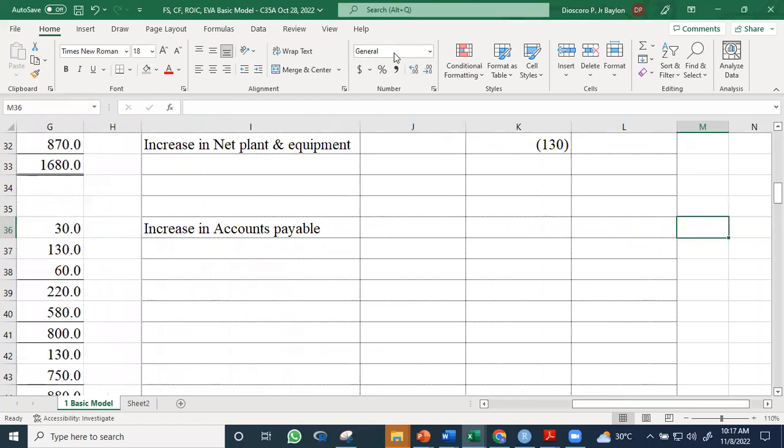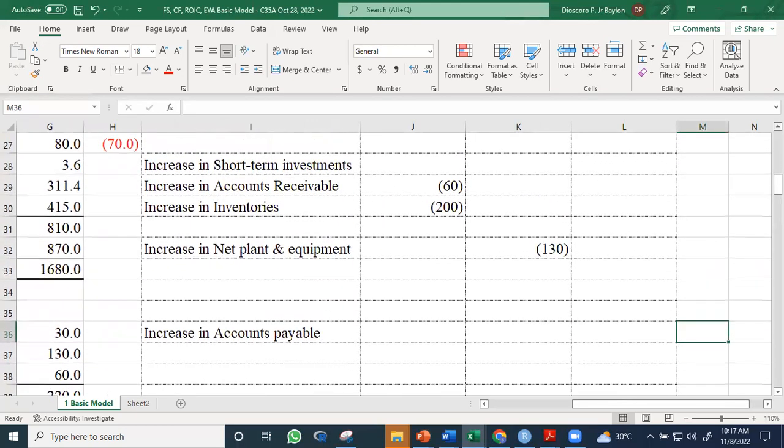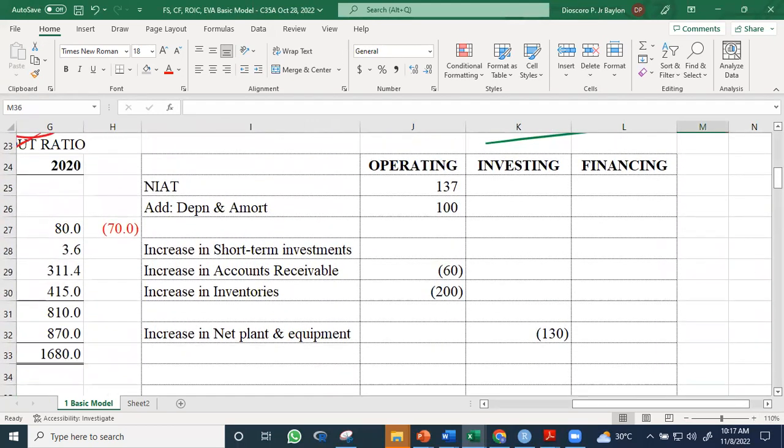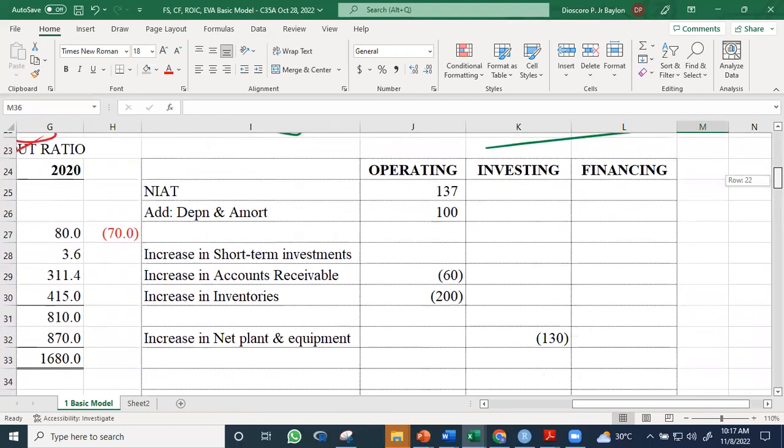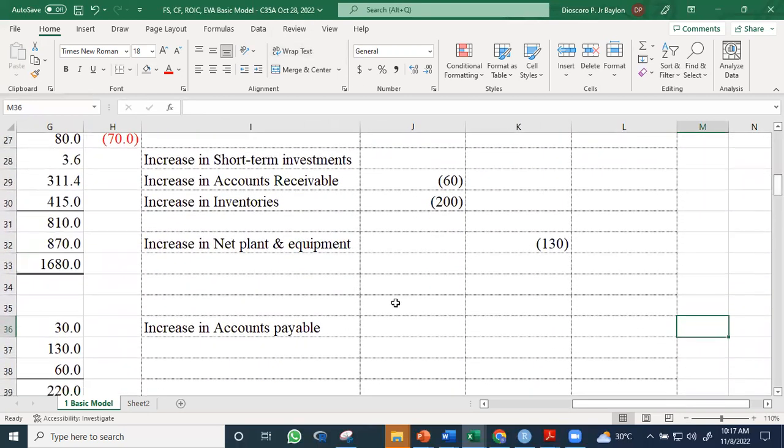Operating, investing, or financing? And is it a source of cash or a use of cash? Answers, please.